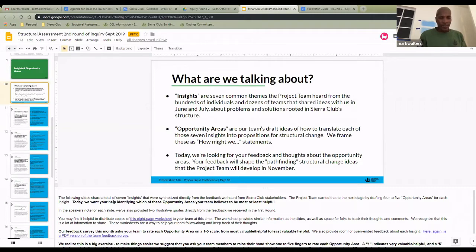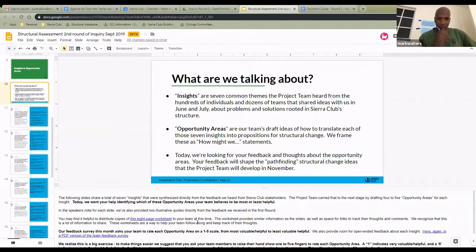We collected input from lots of folks, dozens of teams that shared their insights in June and July about the problems and the solutions that they feel are rooted in the Sierra Club structure. And from this, we thought of some opportunity areas that we felt if we tackled these, they may help us get to a solution to some of these issues and problems with the structure of the Sierra Club.